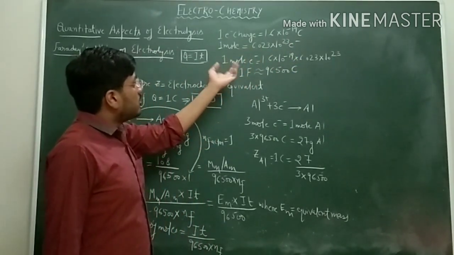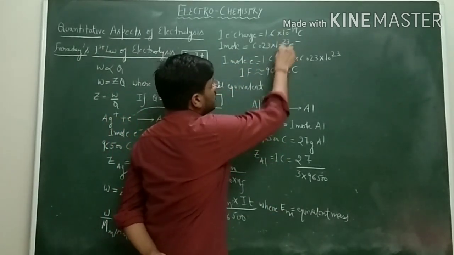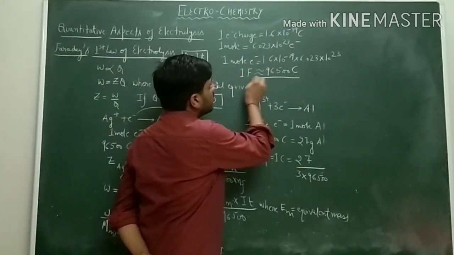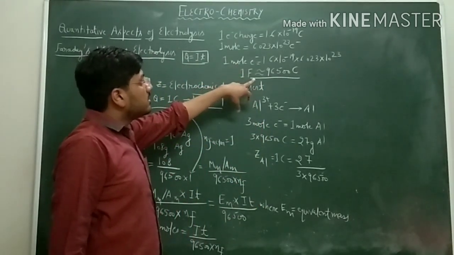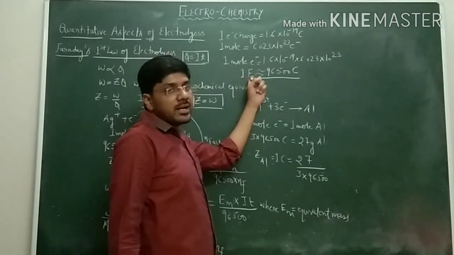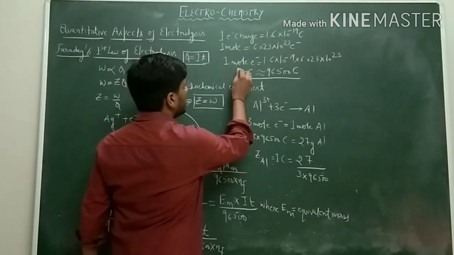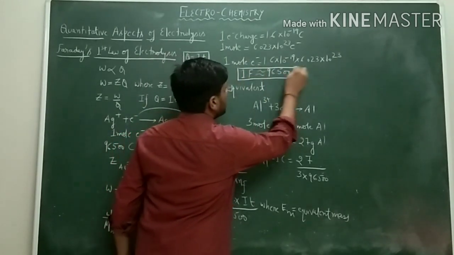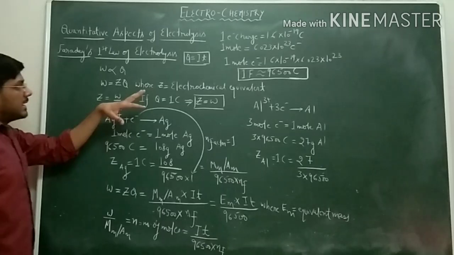So we multiply these two terms to get the total charge on 1 mole of electrons, and this we call Faraday, represented by the symbol F. So 1 Faraday has a charge equivalent to approximately 96500 coulomb.